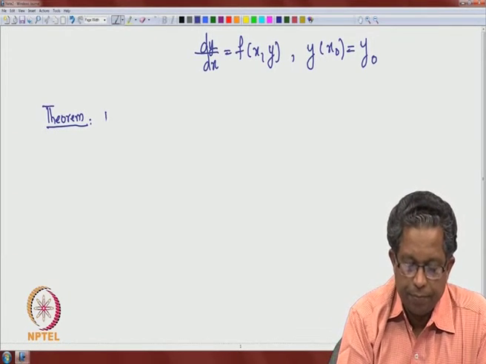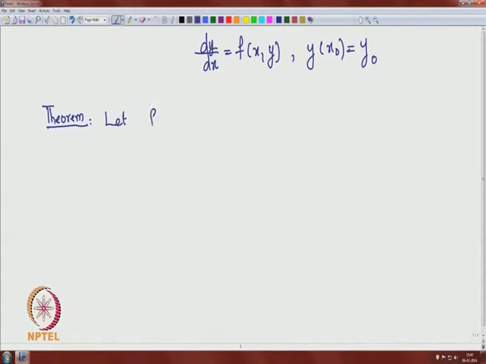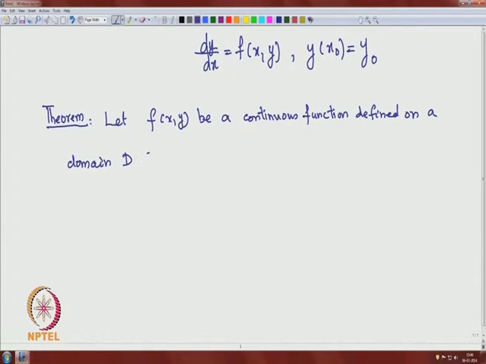Theorem: let f(x, y) be a continuous function defined on a domain D of R2.